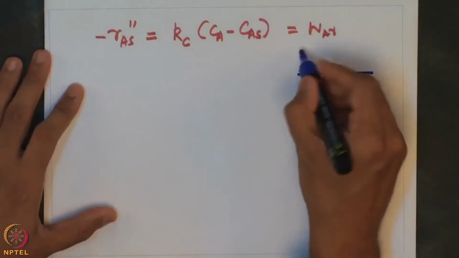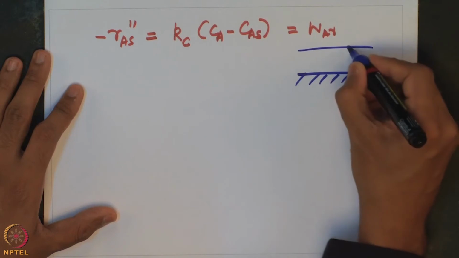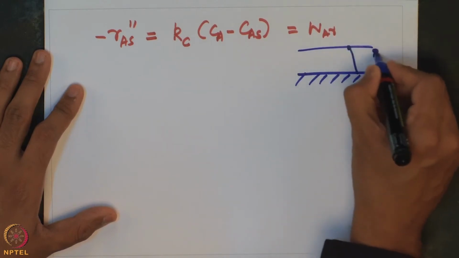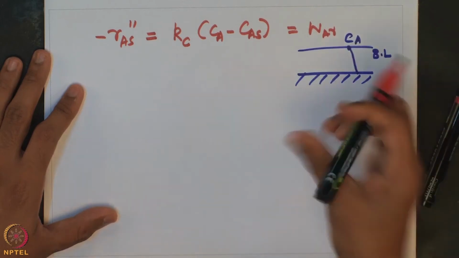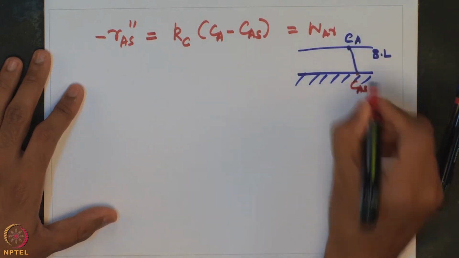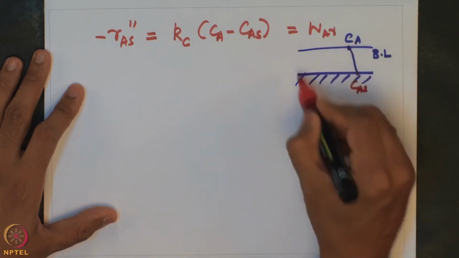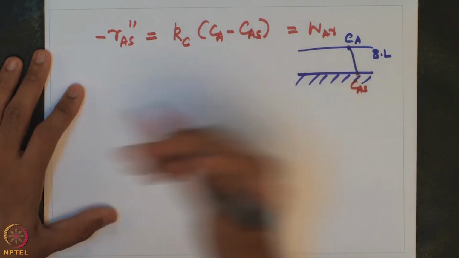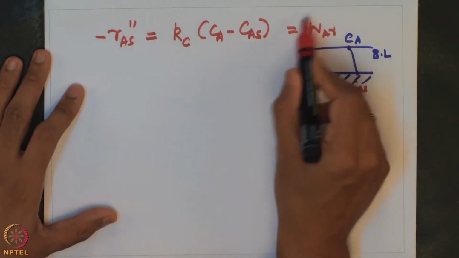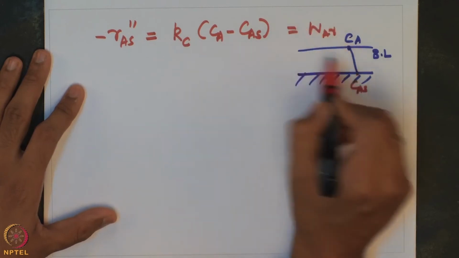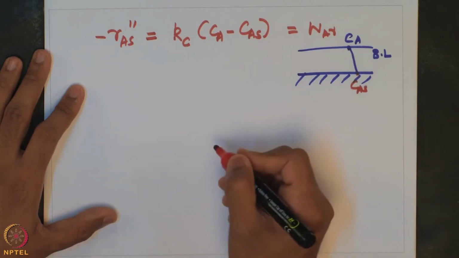If this is the surface of the catalyst pellet and this is the bulk, we assume there is a thin film boundary layer, where Ca is the concentration at the bulk and Cas is the concentration at the surface. We link the process happening around a single pellet with the design of the packed bed by connecting the rate at which the reaction happens at any location to the flux with which the species is transported from bulk to the surface of the catalyst pellet.